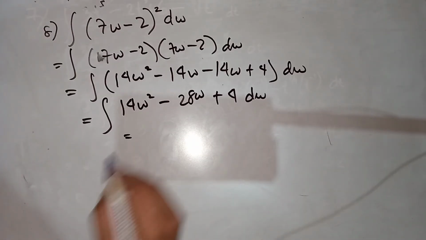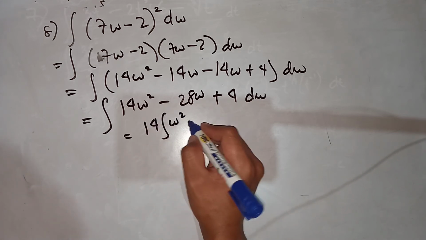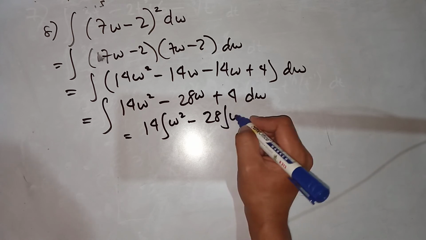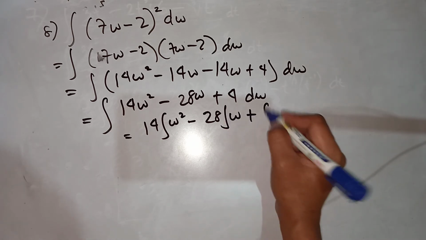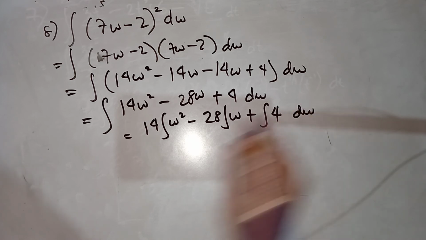So this becomes 49 integration of w squared minus 28 integration of w plus integration of 4 dw.